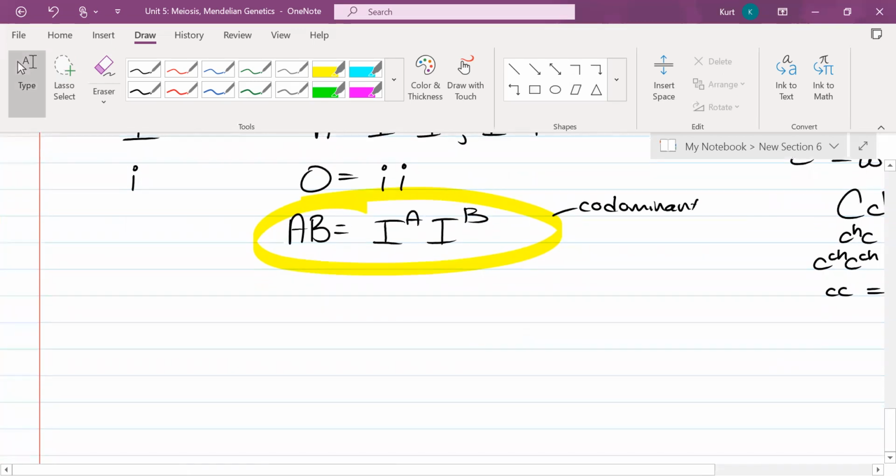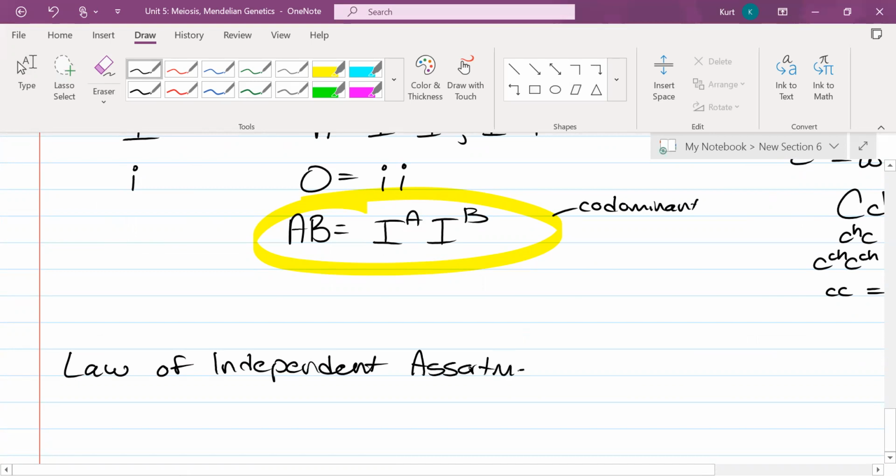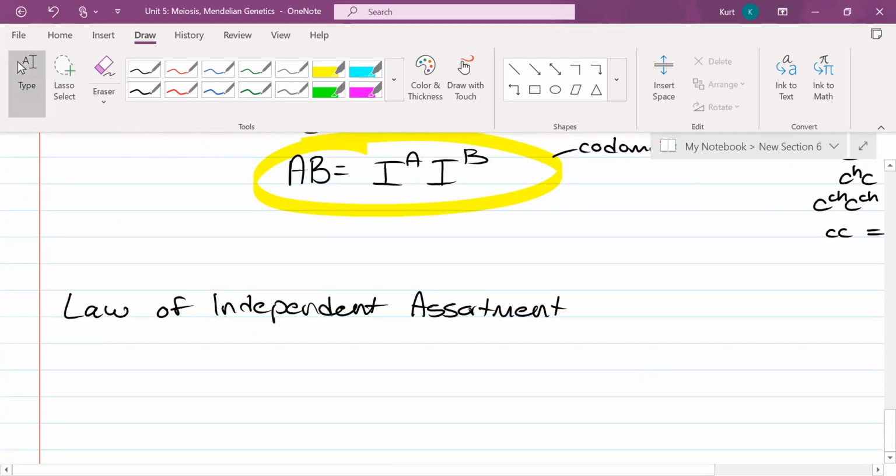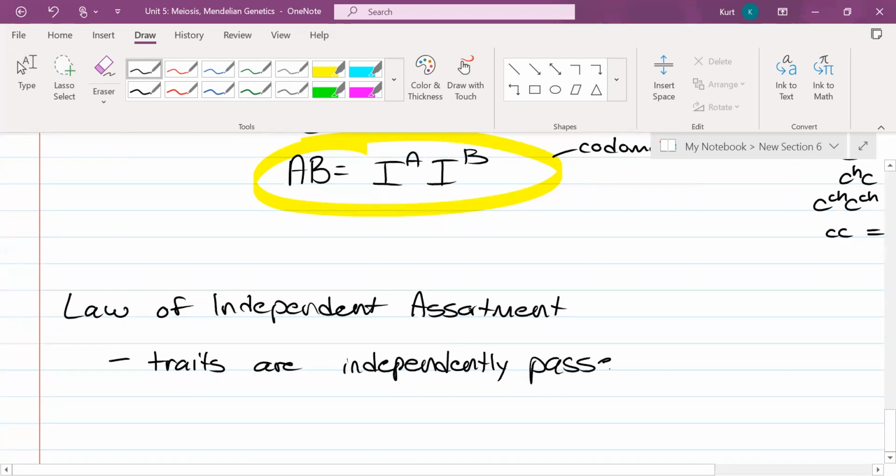All right, law of independent assortment. Again, there's a lot to go over, trying to squeeze all this in. The law of independent assortment states traits are independently passed on.